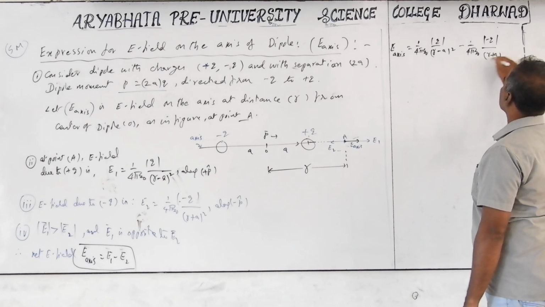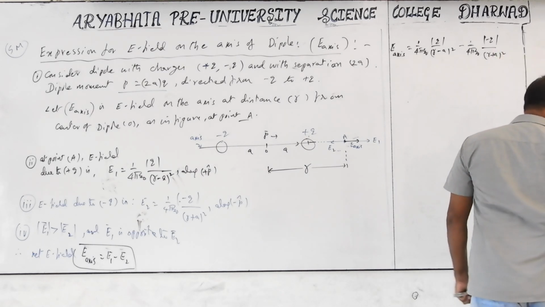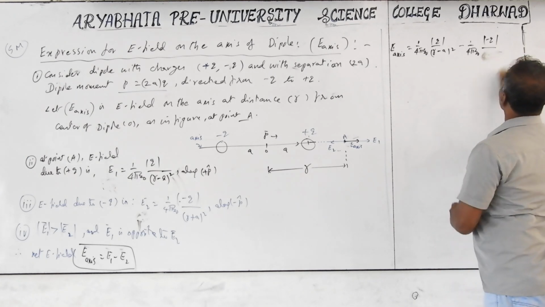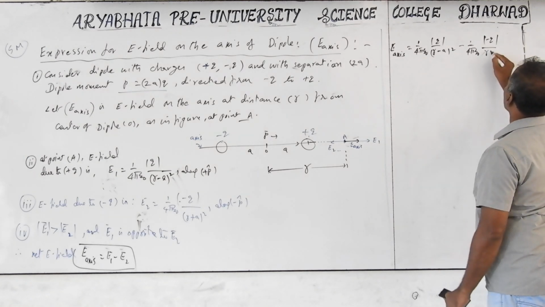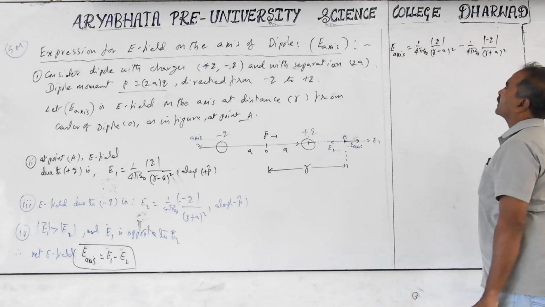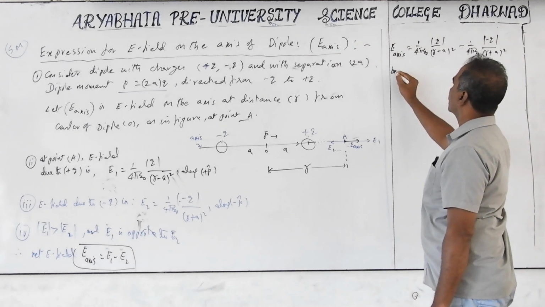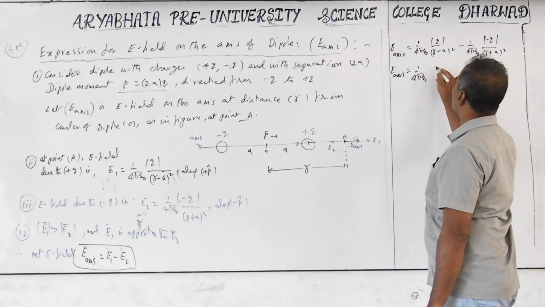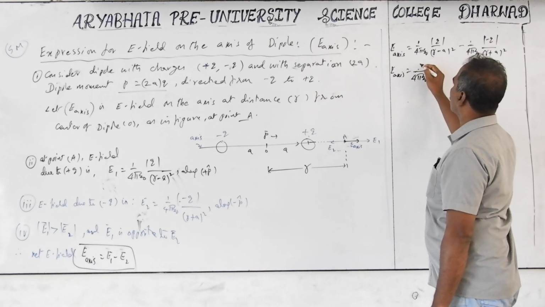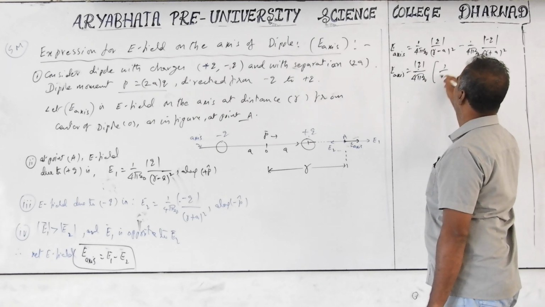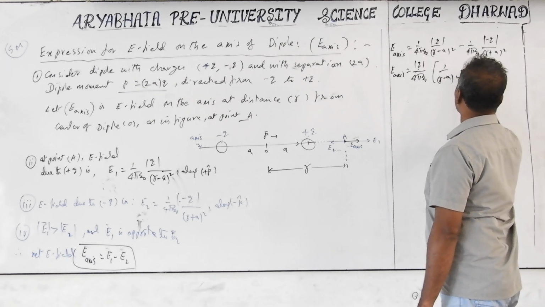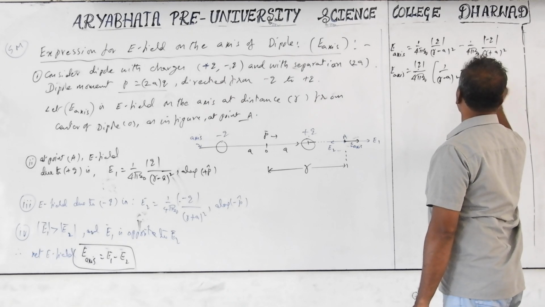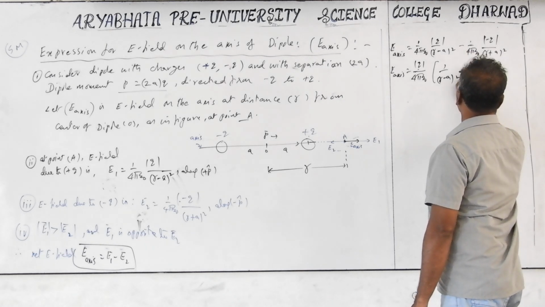This is going to be r plus a whole square. Taking the common terms out, we get E axis equal to 1 by 4 pi epsilon naught into magnitude of q, into 1 by r minus a whole square plus 1 by r plus a whole square. So this minus sign, we take that minus.